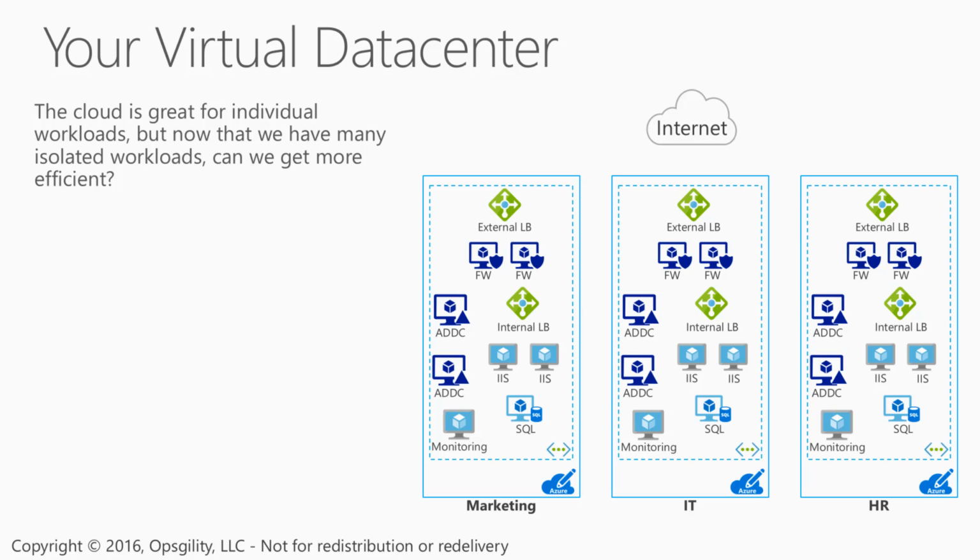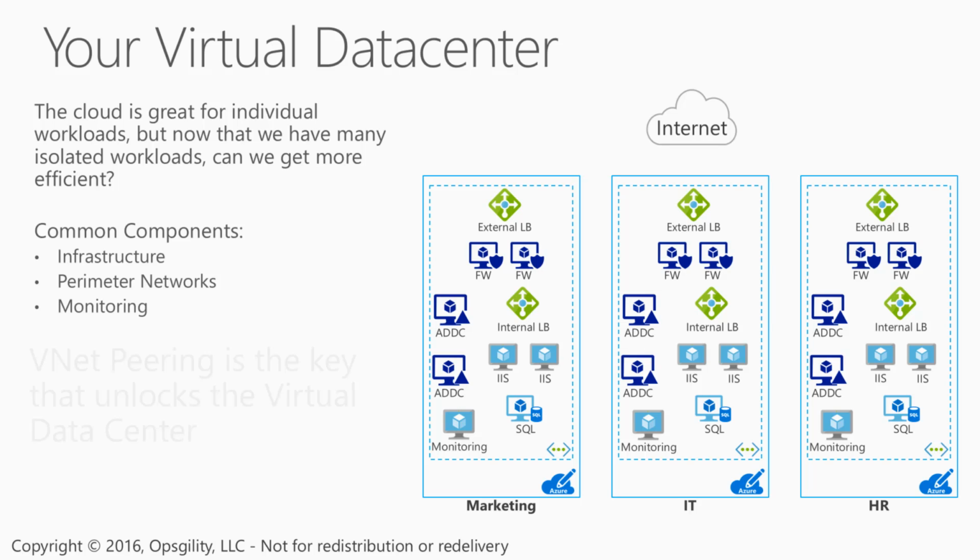Each department would create a virtual network and deploy their workload in it, which in effect created many isolated network boundaries. Each virtual network would oftentimes have resources deployed that could be shared across the organization, such as Active Directory domain controllers, firewalls, or monitoring servers. But the native isolation of VNets made sharing those resources difficult.